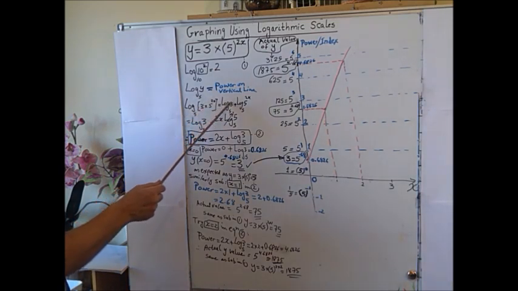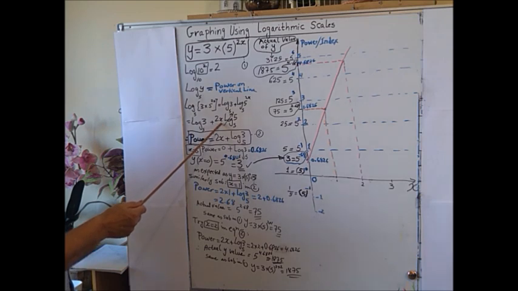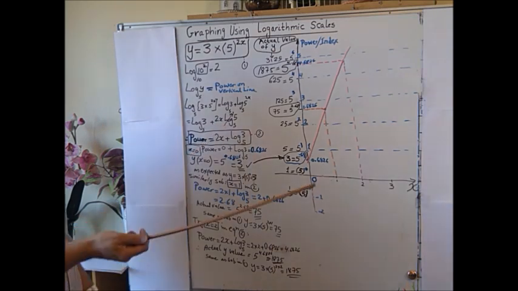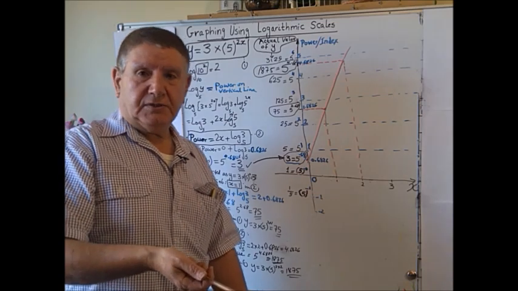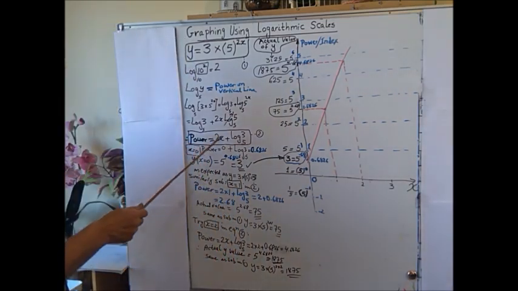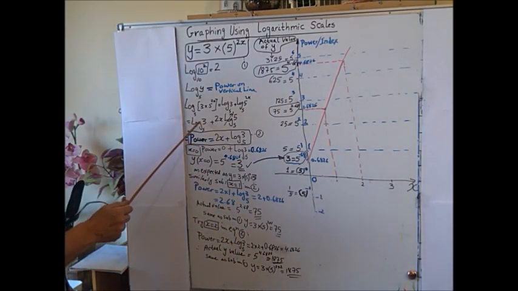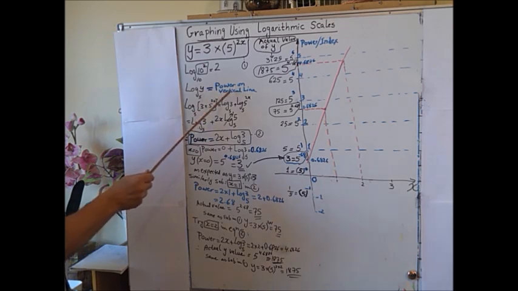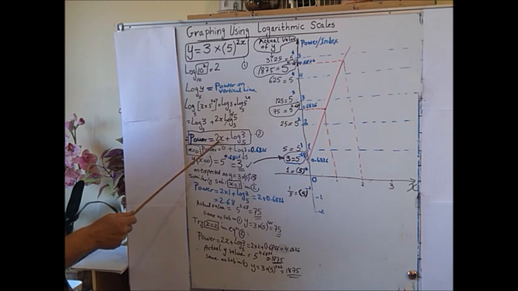It becomes log base 5 of 3, plus log base 5 of 5 to the power 2x, and 2x comes in front. We keep simplifying. Log base 5 of 5 is 1. So this equation gives us the power on the vertical axis: power equals 2x, which we put at the beginning, plus log base 5 of 3.